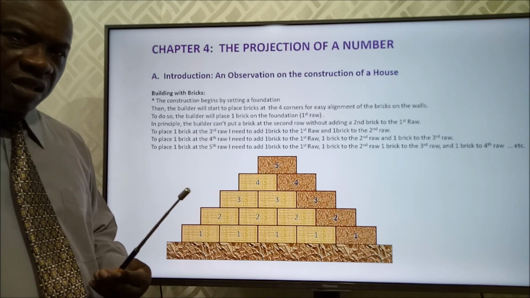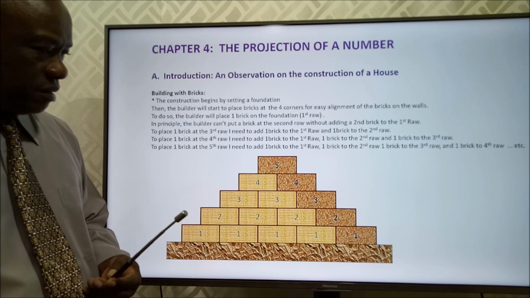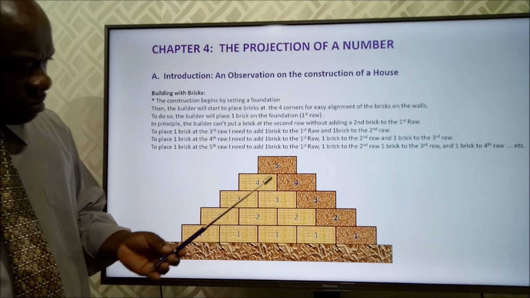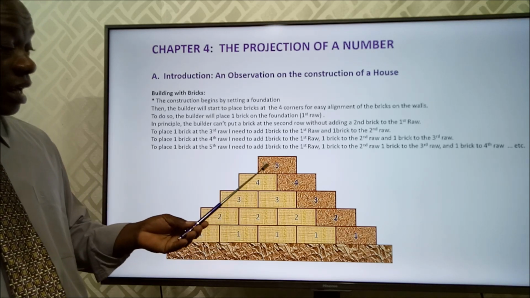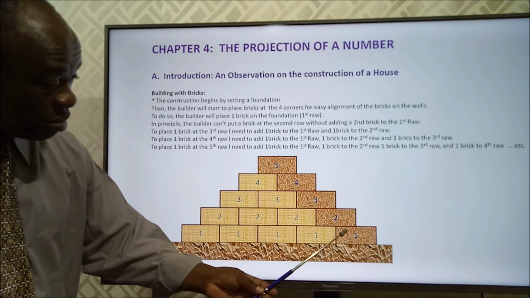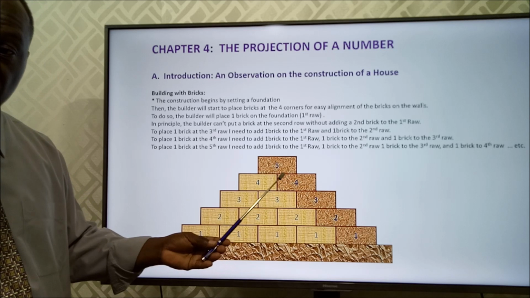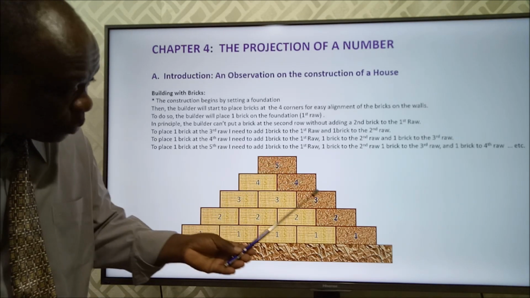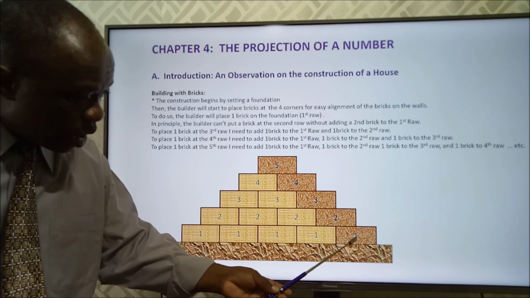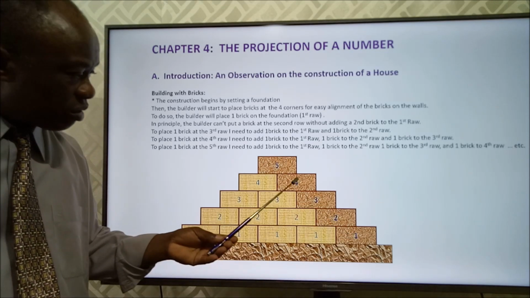Through the years, I was thinking that this brick number 5 cannot be there without all of these bricks below it. So this brick number 5 is supported by brick number 1, 2, 3, 4.